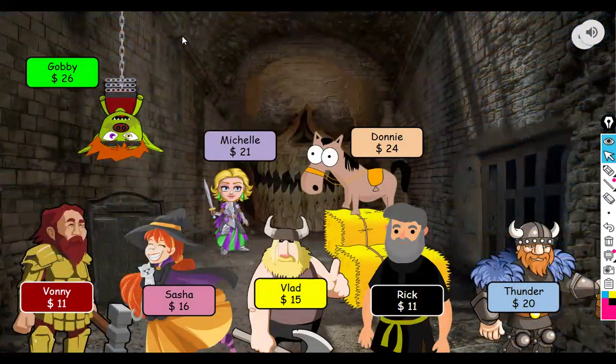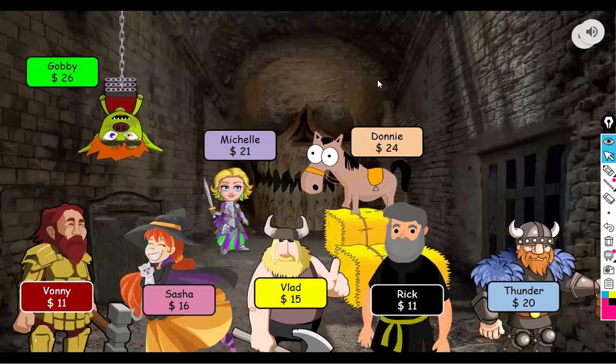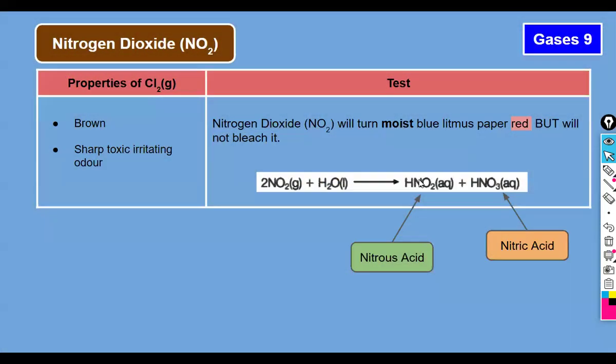Somebody has $75. Clearly that person is not rescuing anybody. Somebody rescued Michelle. Oh, Gobby got rescued. Johnny got rescued. Rick got rescued. All right, I think this is the last one here, guys, right?